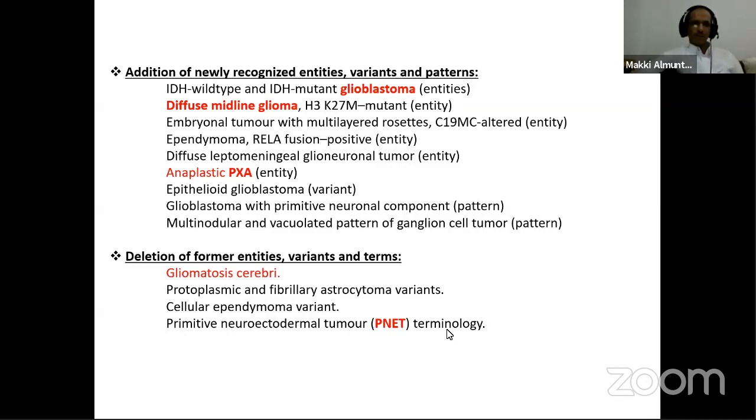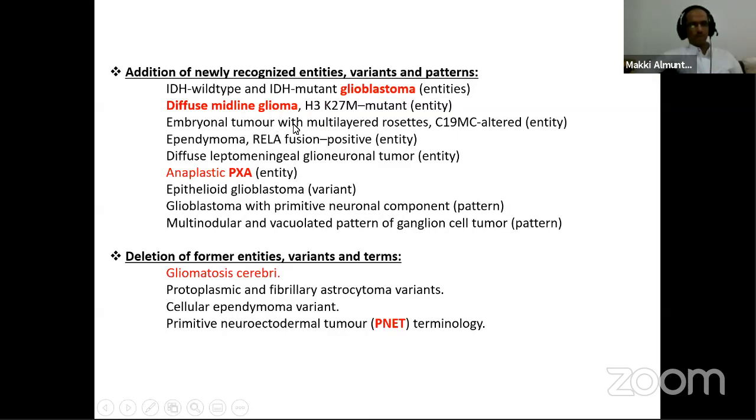Addition of newly recognized entities: what they did is consider the IDH enzyme in the classification of glioblastoma, either mutant or wild type, and they added H3 histone K27M mutant to the diffuse midline glioma, as I will show you.